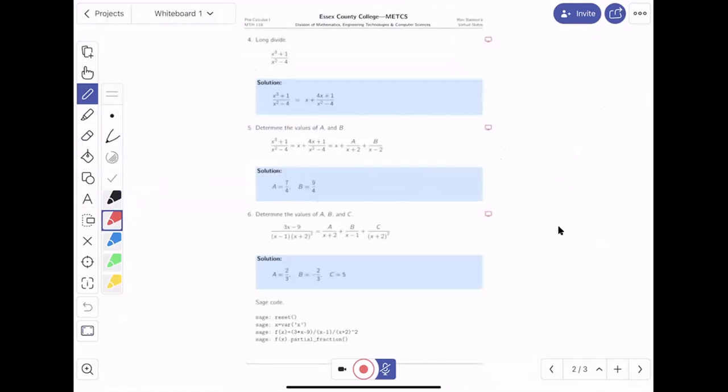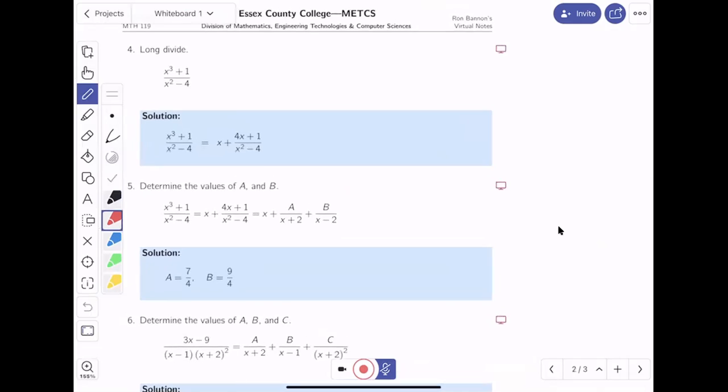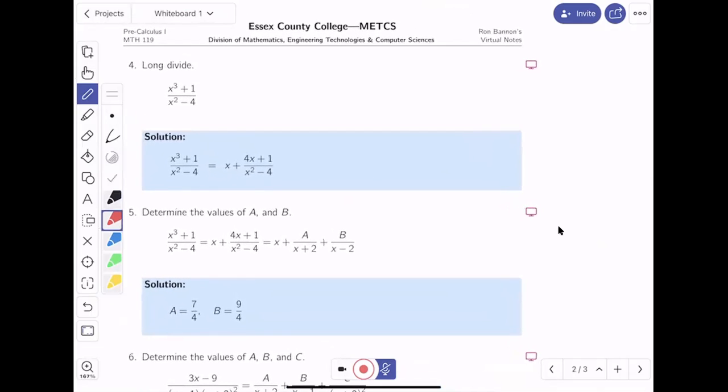Ooh, not so simple. It says long divide. Let's put that down and certainly go in stages over here. They want me to divide X cubed by X squared minus 4. Now, don't feel obligated to do this, but I'm going to put the missing terms down for you.